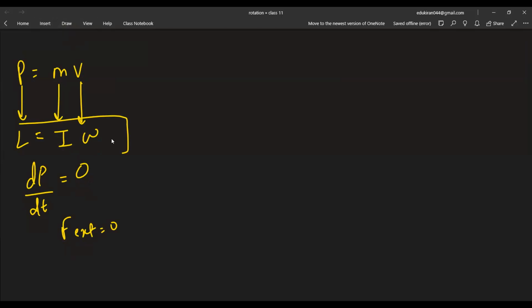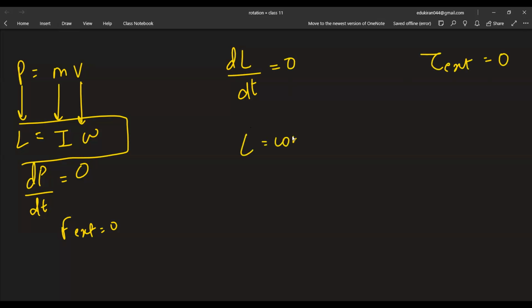Same thing for rotation. See, dL over dt is the rate of change of angular momentum. The way it was for linear momentum, the rate of change of angular momentum is 0 when the external torque is 0. If the rate is 0, this must have been a constant, then only on differentiation you get 0. So angular momentum remains constant.